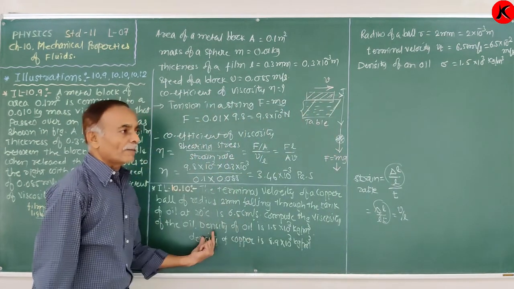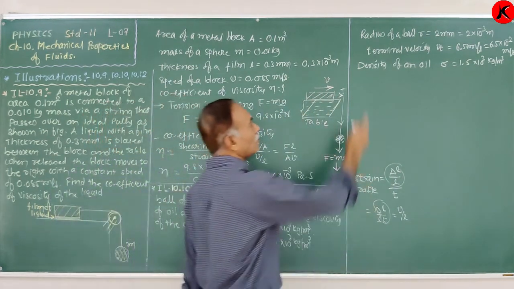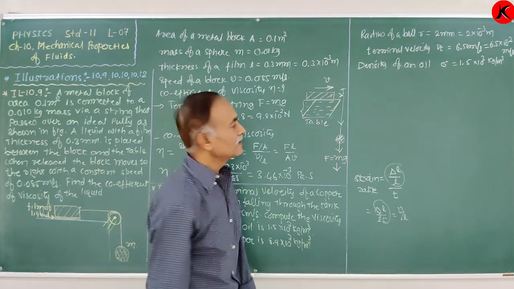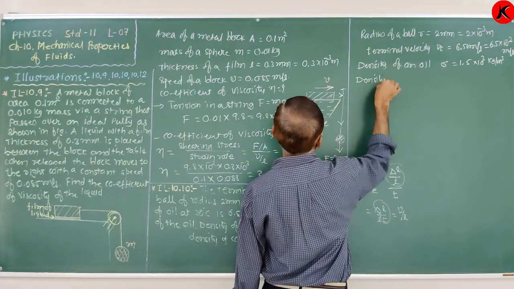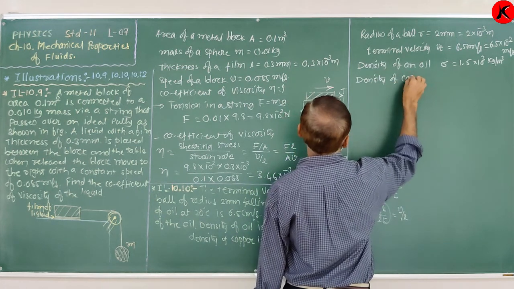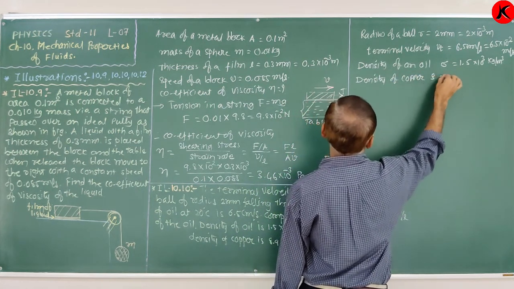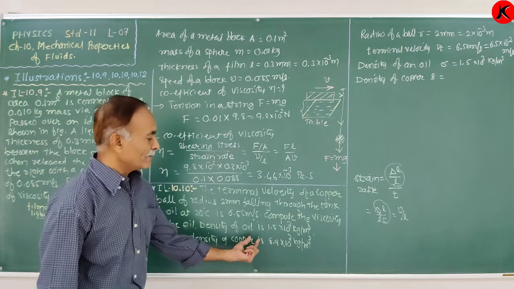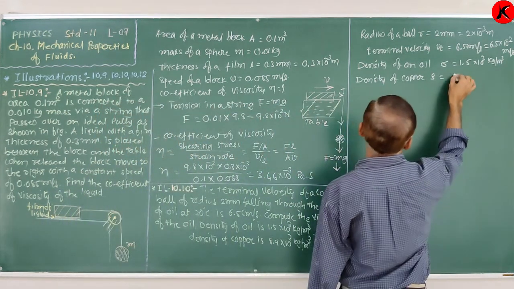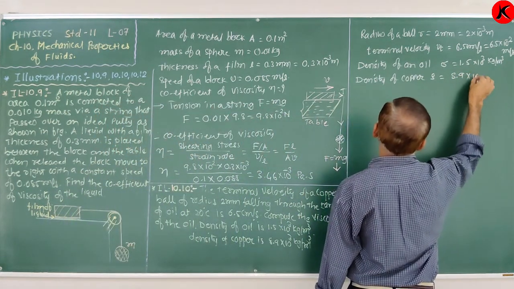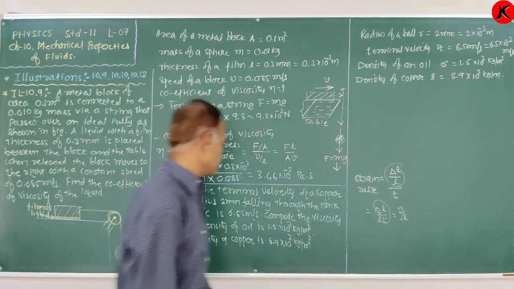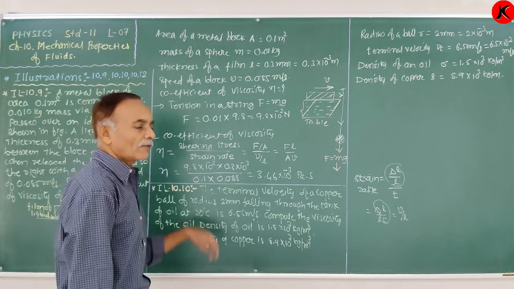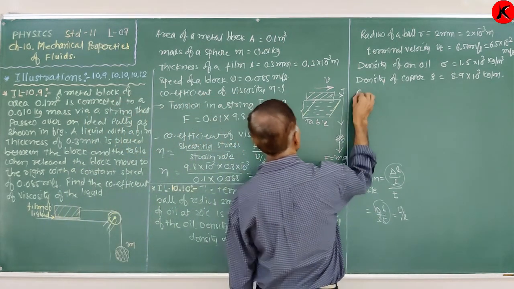And the density of the copper, from which the sphere is made, the density of copper, rho, is given as 8.9 into 10 to the power 3 kg per meter cube. We require the viscosity of the oil, that means the coefficient of viscosity.